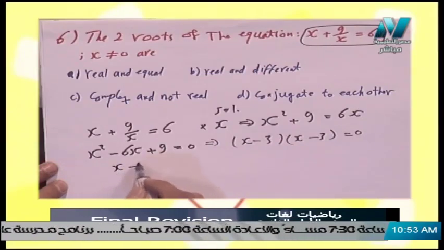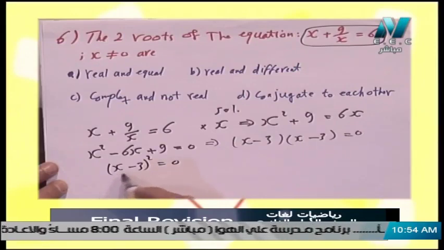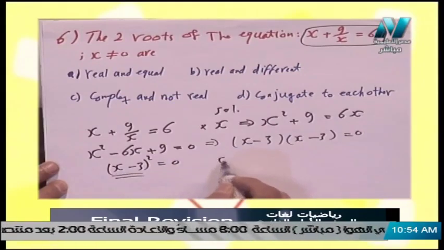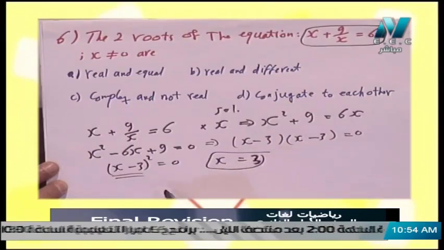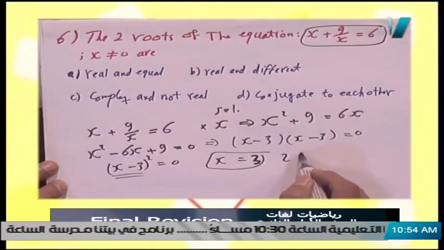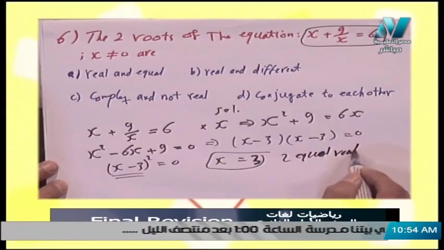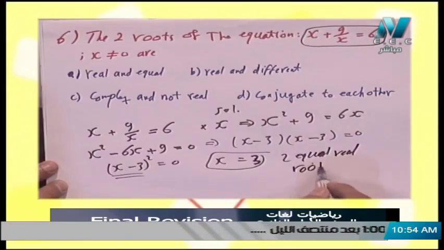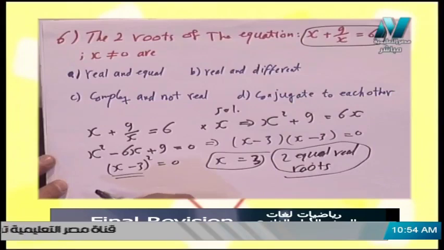x minus 3 can be put here, power 2 equals 0. These two roots, x equals 3 only, we have equal roots. We have two equal real roots. When we have two equal real roots, then they will what?